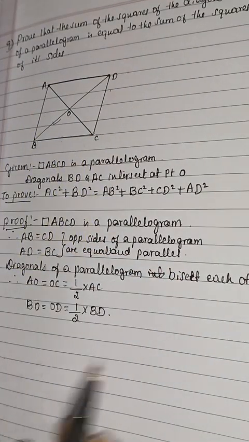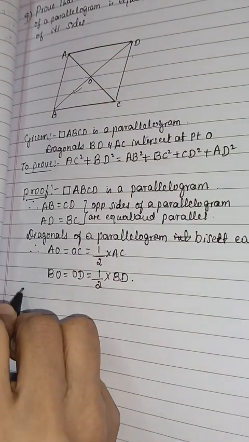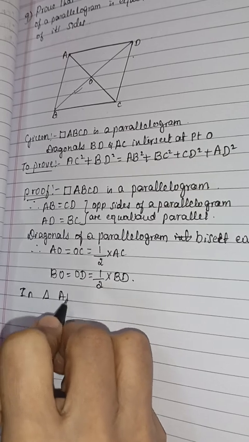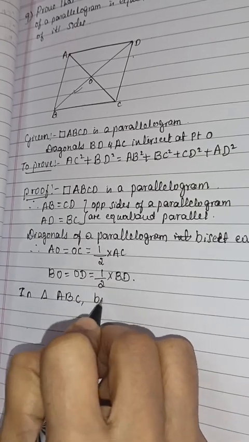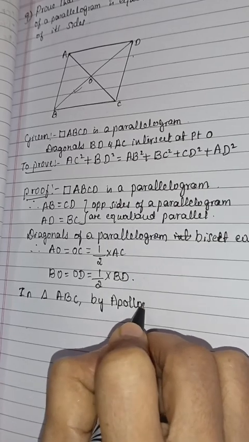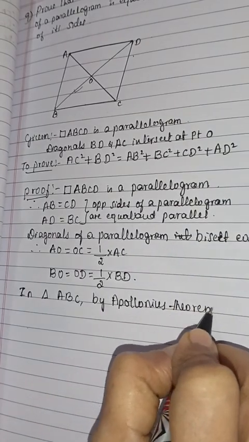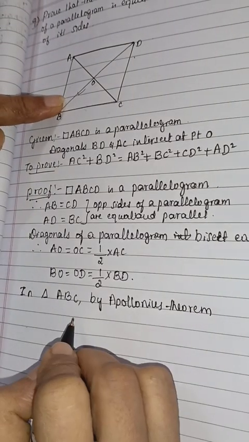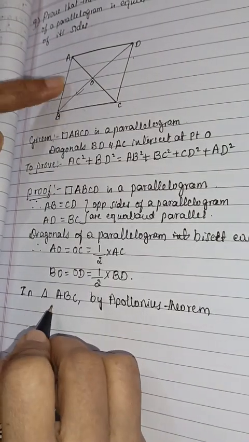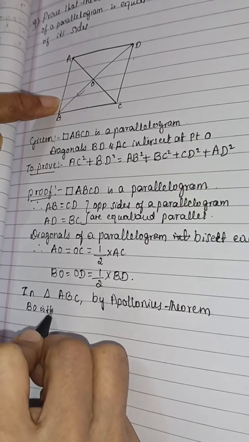So in triangle ABC, by Apollonius theorem, BO is the median.